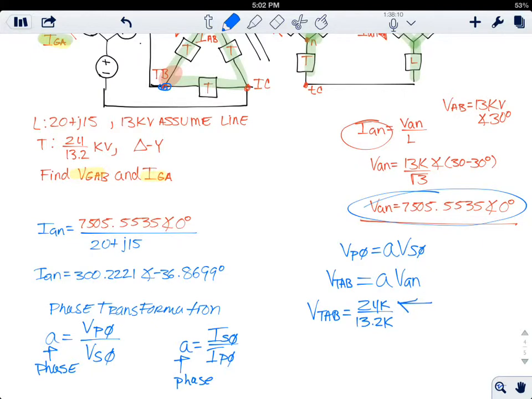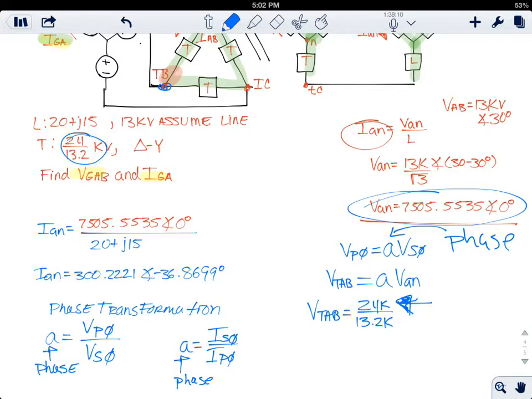Because this gain should be phase, you have to transform the gain that you were given of the transformer if they are not the phase voltage.